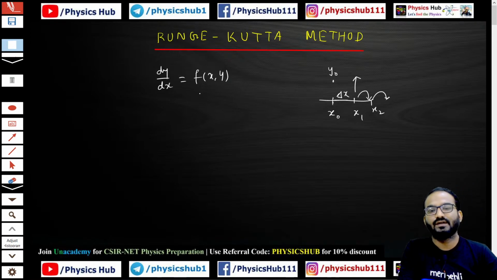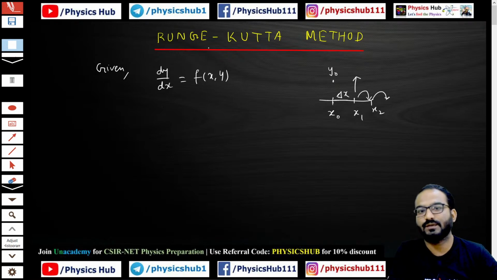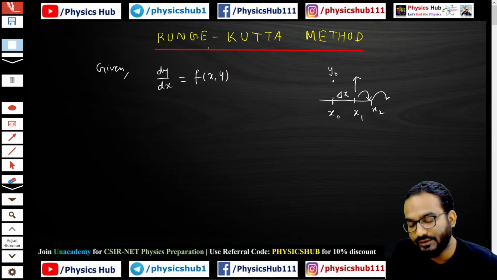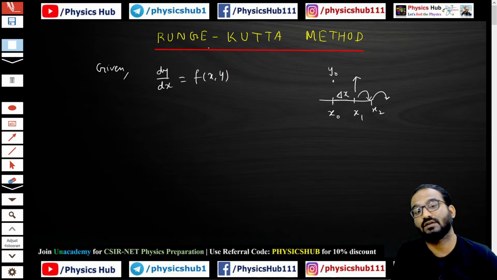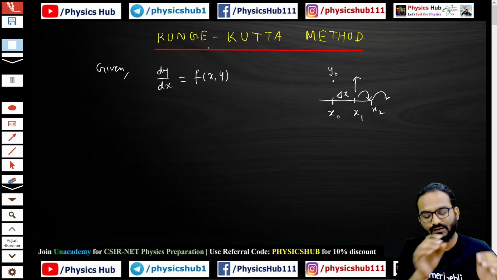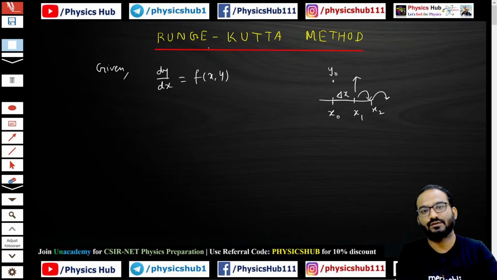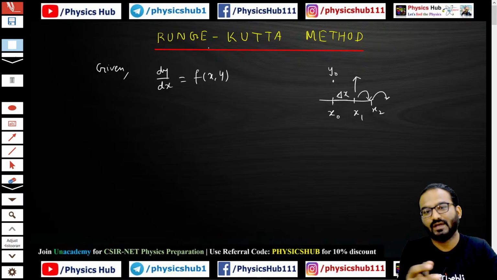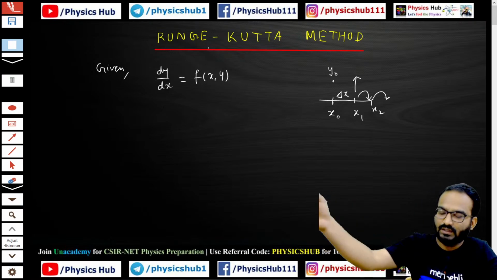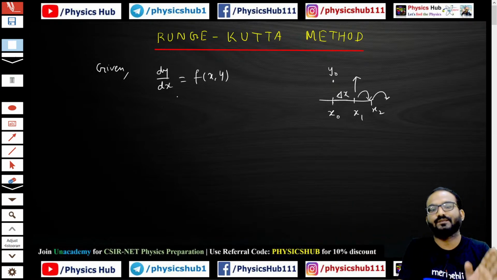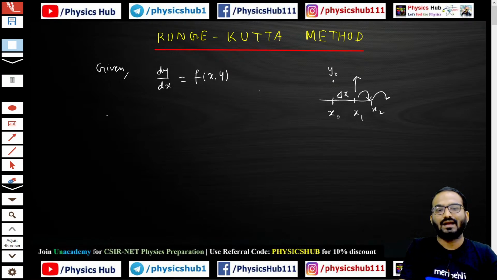So let's say you are given this differential equation, and let me just tell you another thing, that this Runge-Kutta method is used to solve initial value problems. It means some initial conditions will be given to you, and based on that you may be asked to find out the value after that. So let's say such a differential equation is given, dy by dx equals f of x, y, and some initial condition is given to you. What is that initial condition?